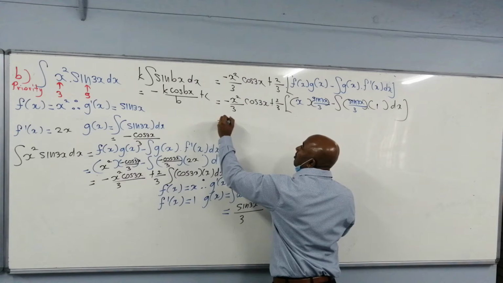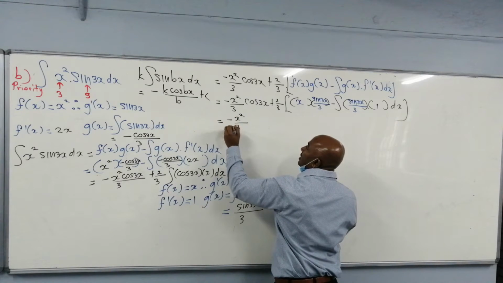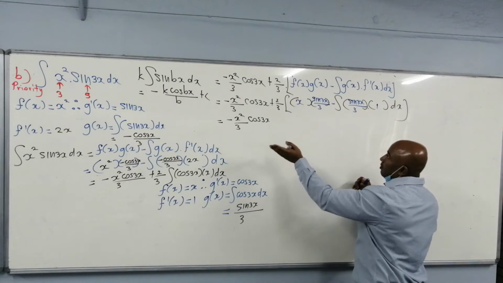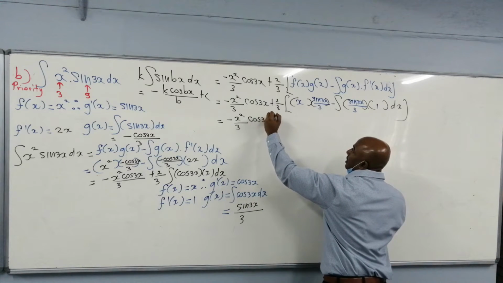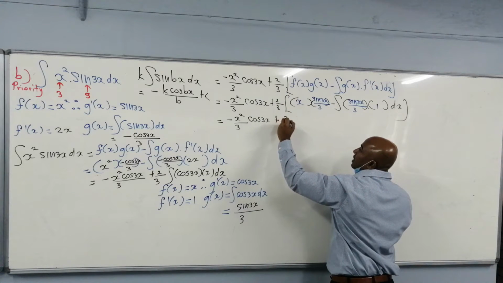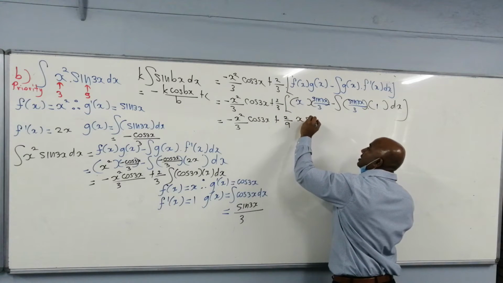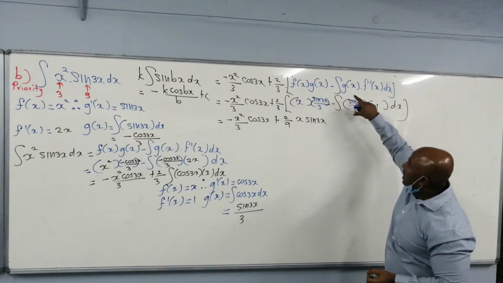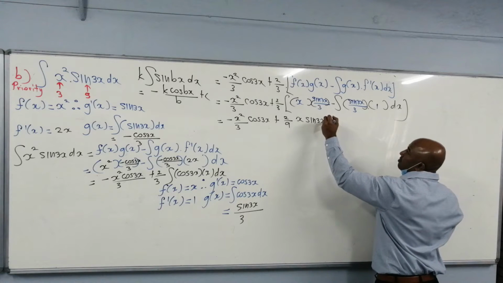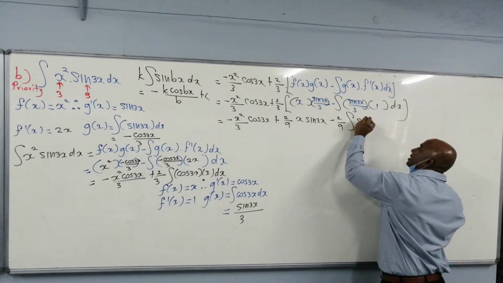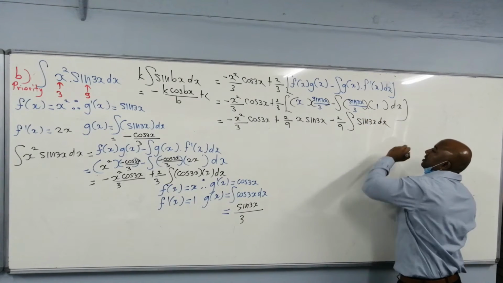So that's going to be minus x squared over 3 cos 3x. If I multiply now, that's going to be plus 2 over 3 times 1 over 3, which is 2 over 9x sine 3x. And 2 over 3 times minus 1 over 3 again is minus 2 over 9 the integral of sine 3x dx.